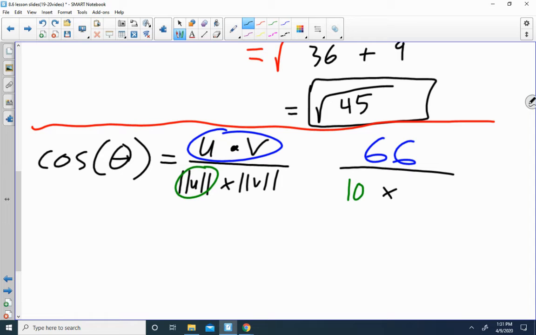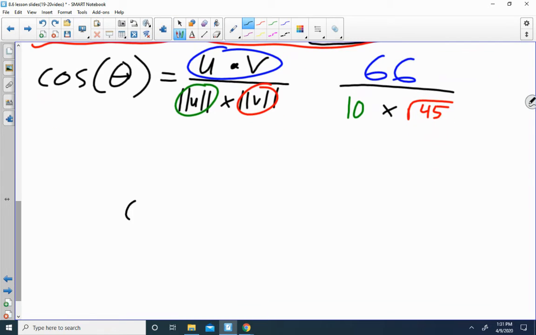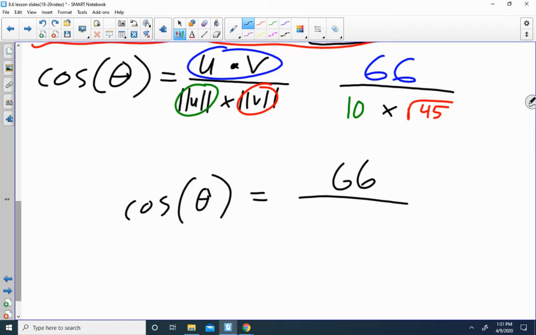Then, we got to multiply that by the magnitude of v, which we got to be the square root of 45. All right? So that means we currently have that cosine of theta is equal to 66 divided by 10 times the square root of 45.